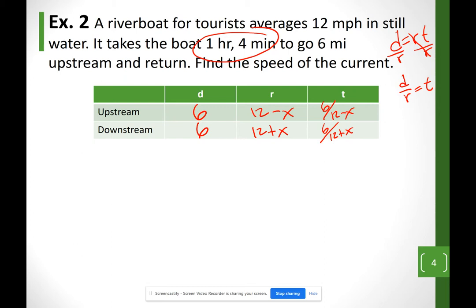So I have an expression for upstream and an expression for downstream. So for me to figure out x, I'm going to add the time. I'm going to say 6 over 12 minus x plus 6 over 12 plus x. Let me leave myself some more room. I'm going to do it over here.